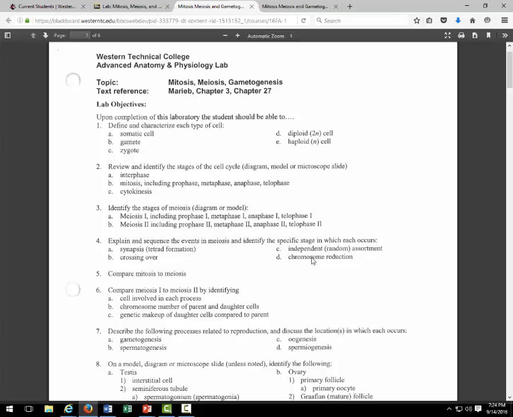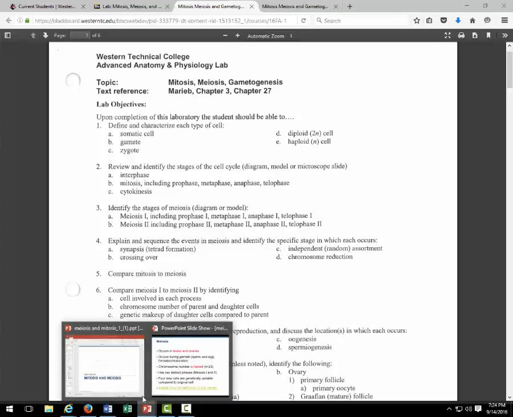Telophase 1. Very good. Crossing over, we said, occurred in prophase 1. Metaphase 1, independent assortment, and synapsis and tetrad were prophase 1 also.